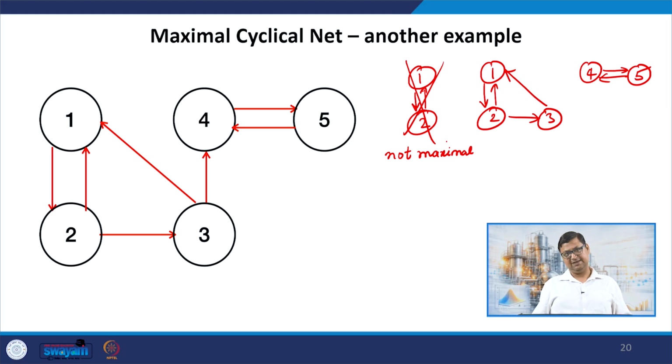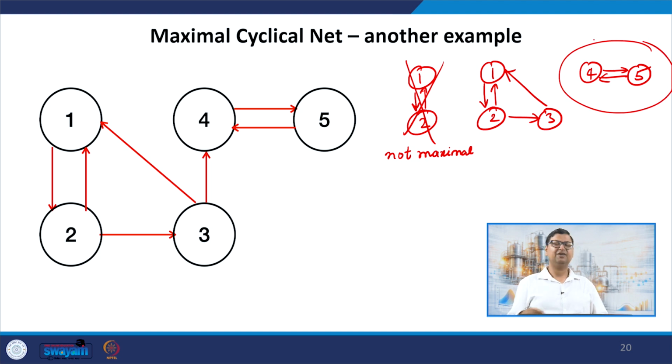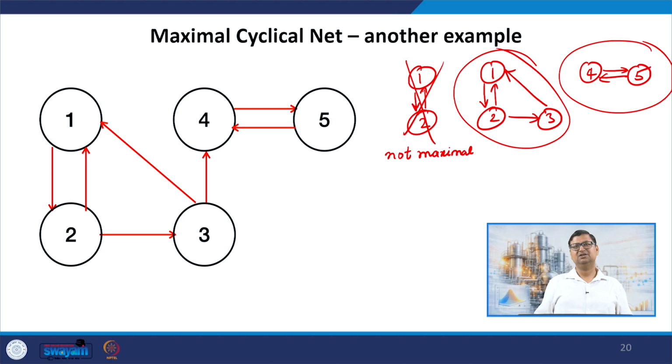For 1, 2, 3, the first subgraph 1, 2 is its subgraph, so that way it can be maximal. The second cyclical net we are forming is not sharing any vertex with 1, 2, 3. So either of these two conditions must be met: either every other cyclical net is its subgraph or it is not sharing a common vertex.